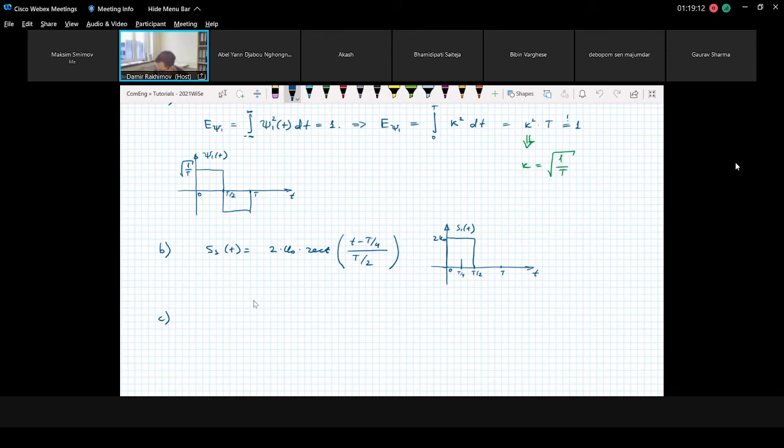So we have signal S1. We need to represent the signal with two basis functions. We know the first one, we don't know the second one. So this is just a canonical question for the Gram-Schmidt orthogonalization procedure.